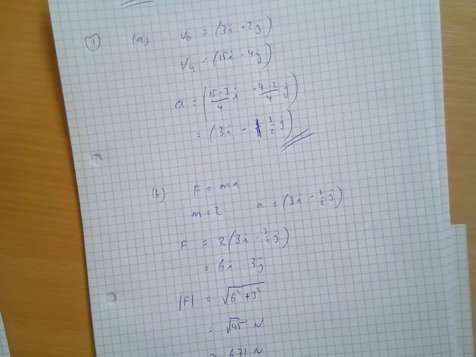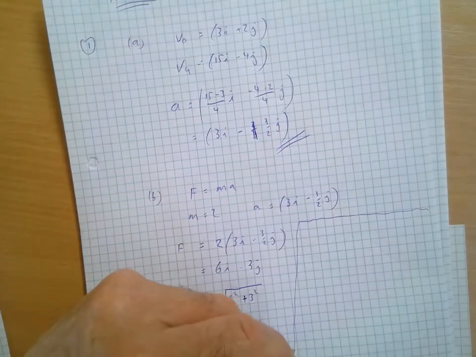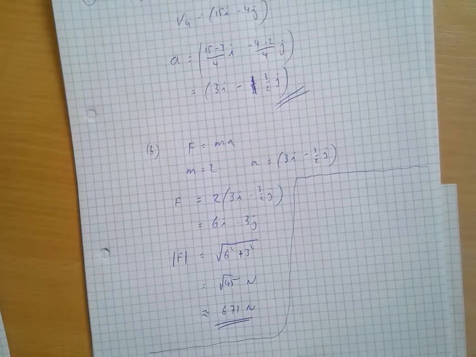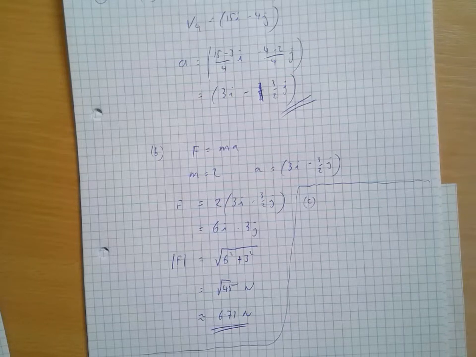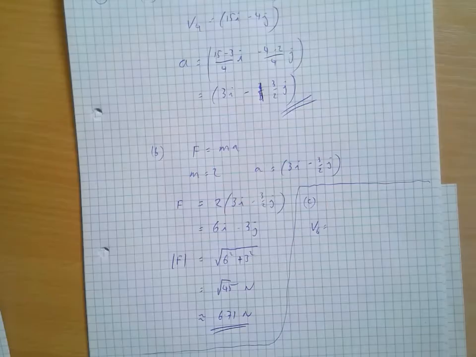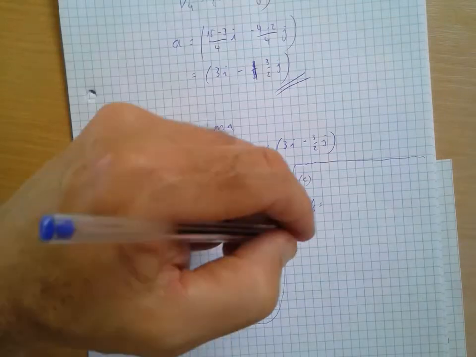Okay, the next bit, part C, is the velocity of p at time t equals 6. Well, v6 is going to be its initial velocity, which is 3i plus 2j.